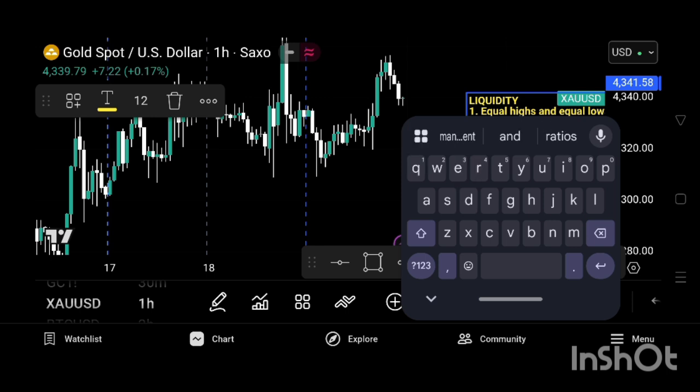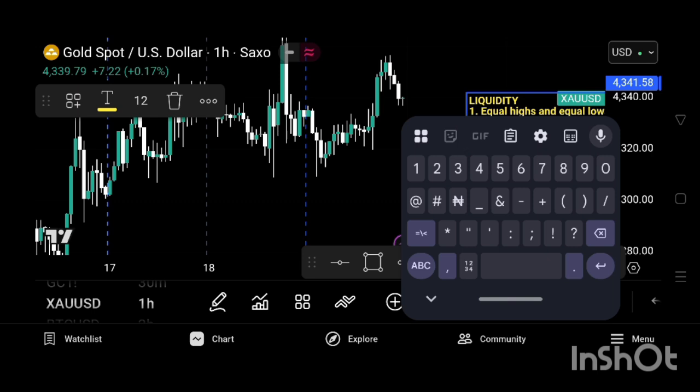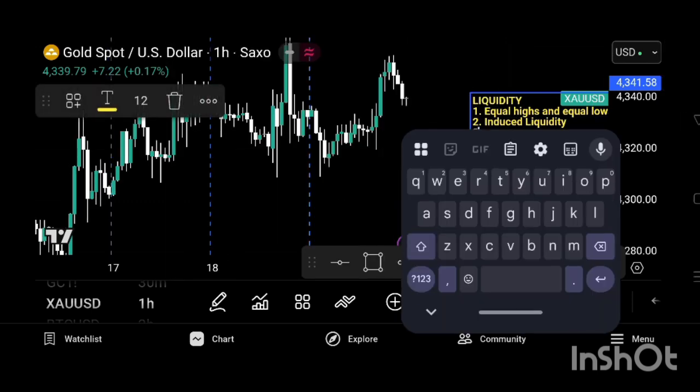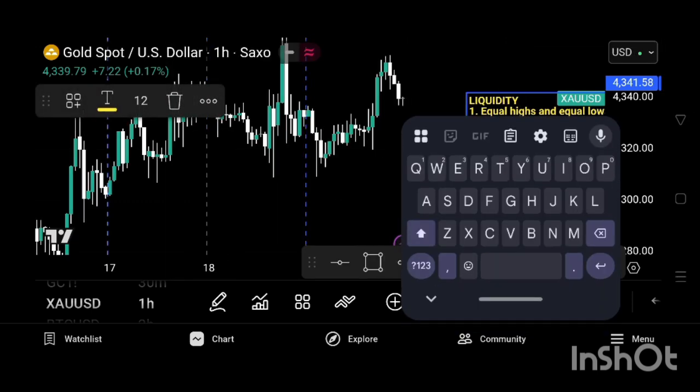Now the third type of liquidity that we have is what I would like to call MDA liquidity.